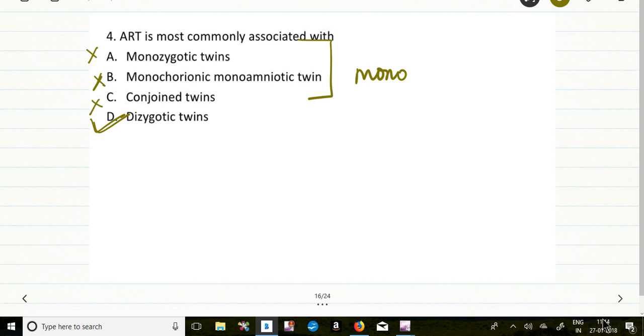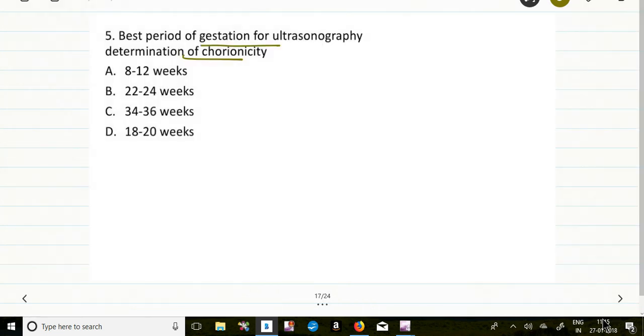The best time to define chorionicity is earlier in pregnancy. At 8-12 weeks, the placentas will be smaller and the sacs will be thicker. There will be still distance between these two sacs and the placenta. So it is always better to evaluate chorionicity of twins at earlier gestation.